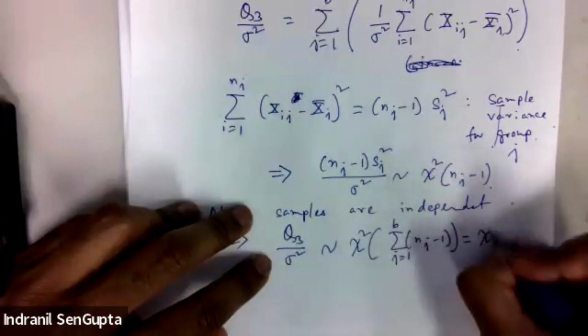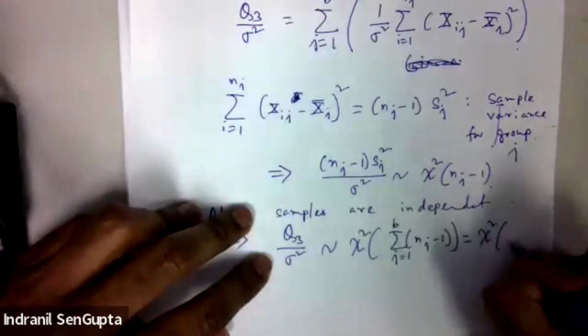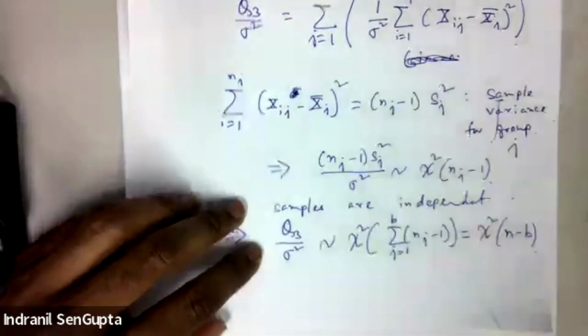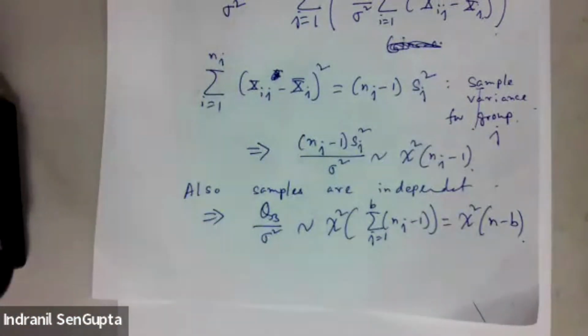And if I sum this, it's n minus b. So this Q3 over sigma squared follows a chi-square distribution. So that is the first observation.